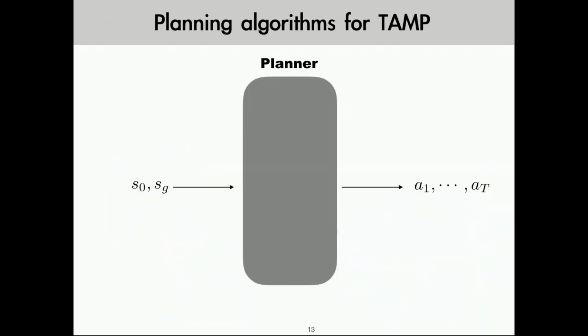Using this formalism, a planning algorithm for the task and motion planning problem takes in two things, an initial state and a goal state, and outputs a sequence of actions that will get you from the initial state to the goal state. Each of these actions is an operator instance, which is an operator type plus its specified parameters.